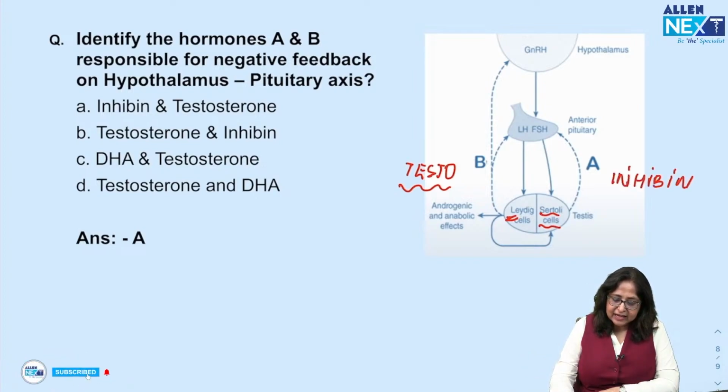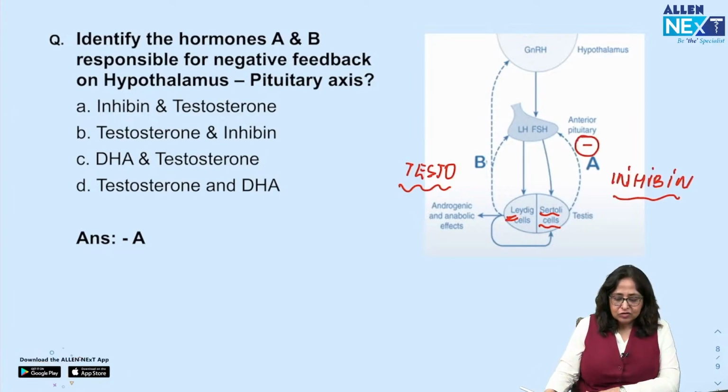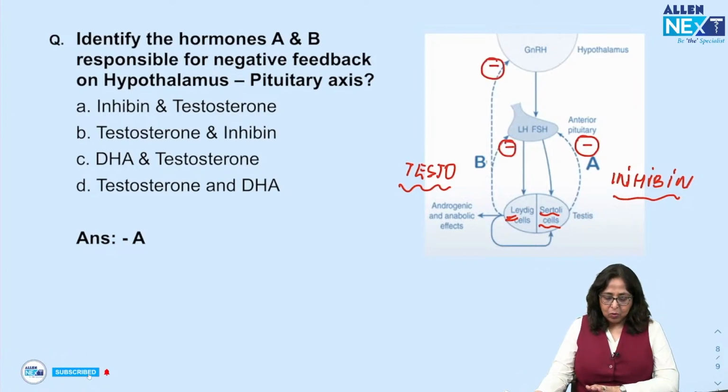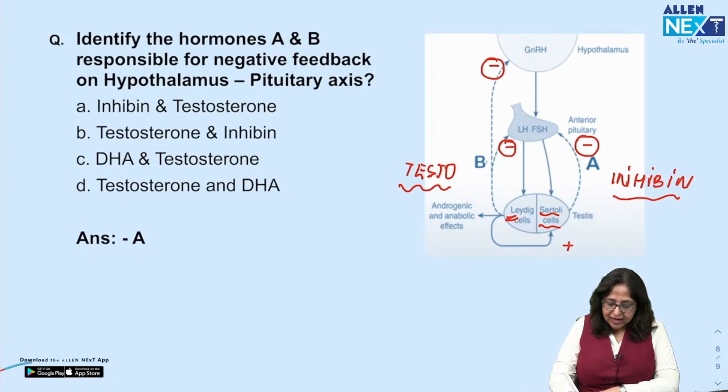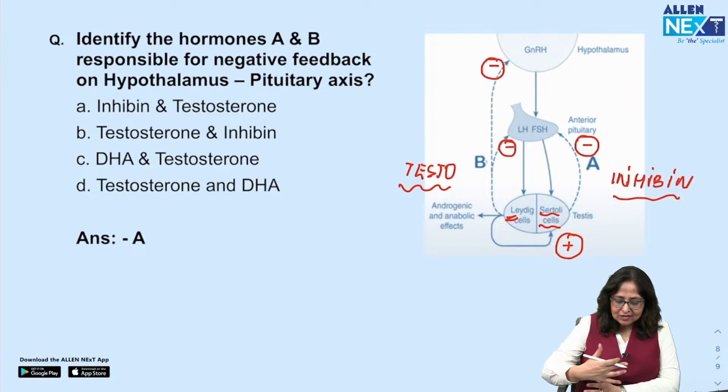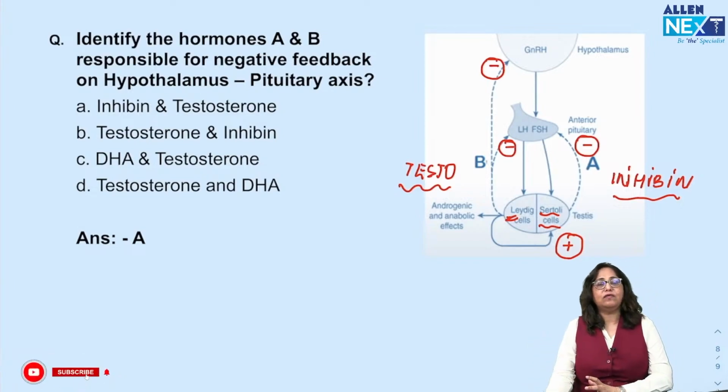Inhibin has a negative feedback effect on the secretion of FSH. Testosterone has a negative feedback effect on the secretion of LH and GnRH. Testosterone in fact has a stimulatory effect on the Sertoli cells. So this is the regulation of the male sex hormones.